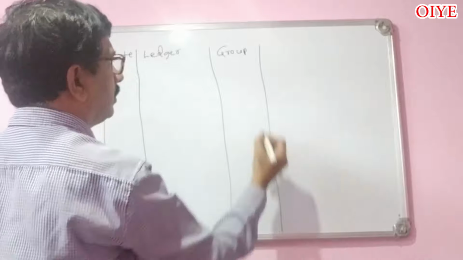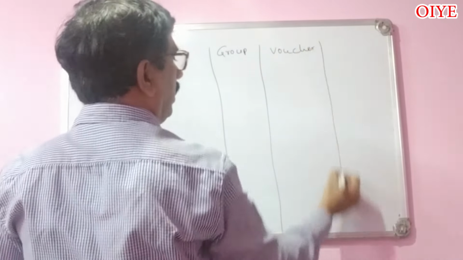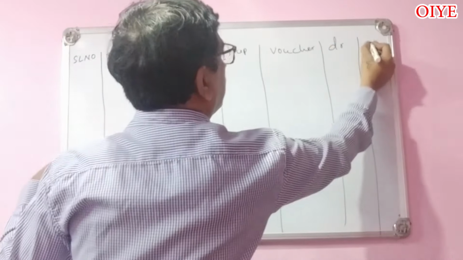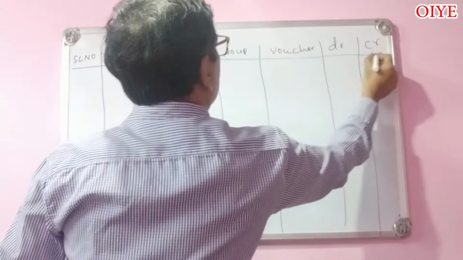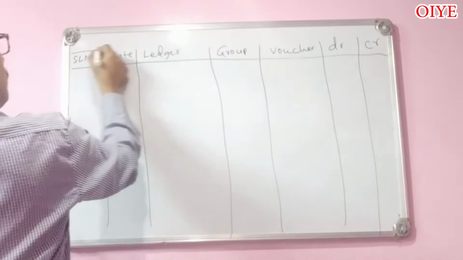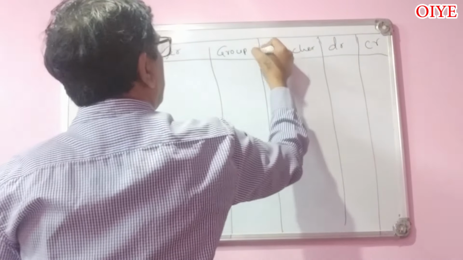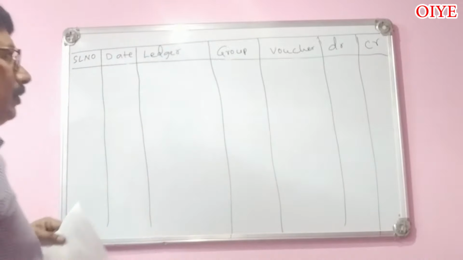And then voucher. And then debit, and then credit. So, in a tabular, in the sense, you have to take a table for that thing.